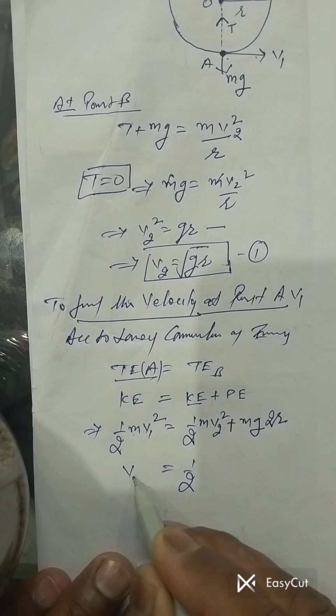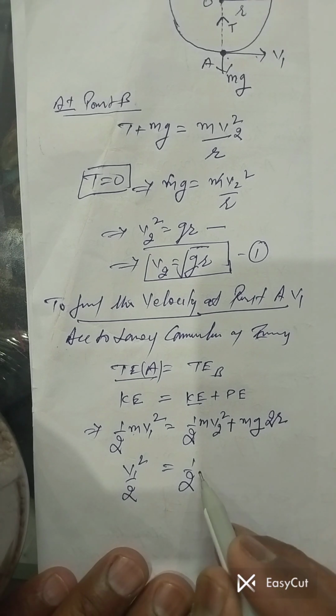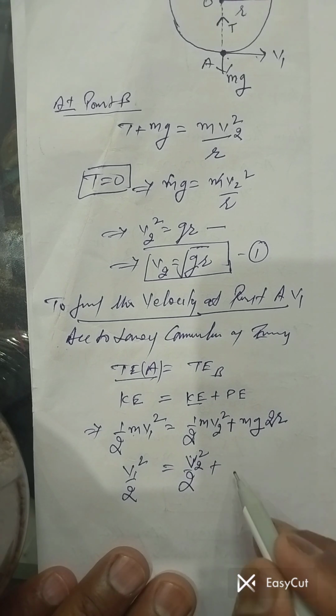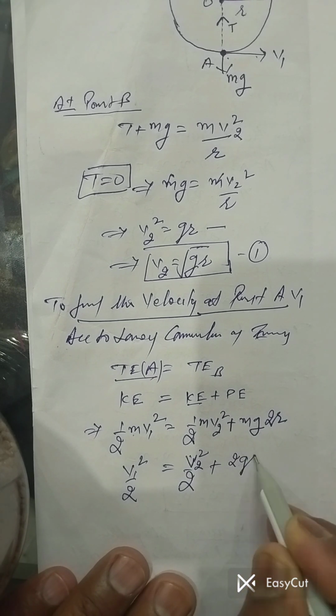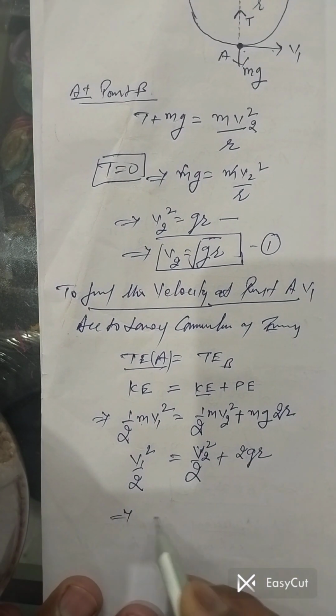Here it is v1 square upon 2 equals half v2 square plus 2 into gr. So we have to find the value of v1 square.